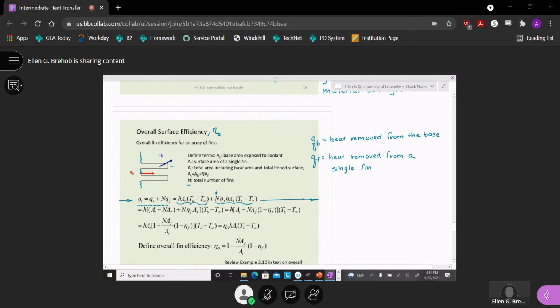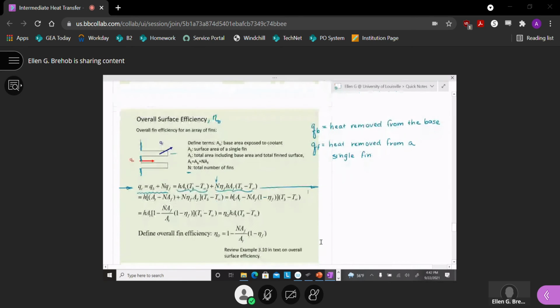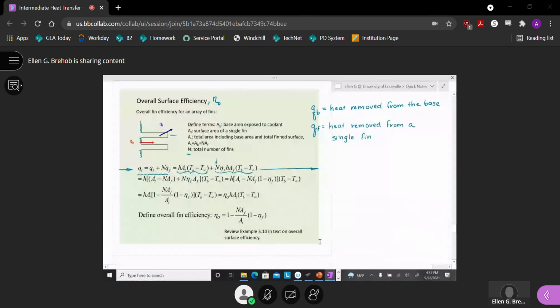Okay, so from here, I'm going to stray a little bit. I think I'm doing it a little bit different. So I'm going to combine, what do I have in here?